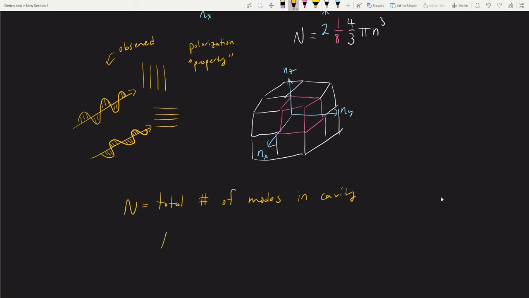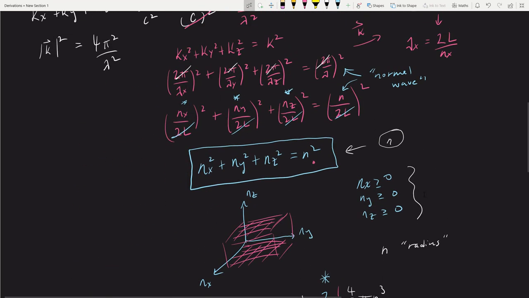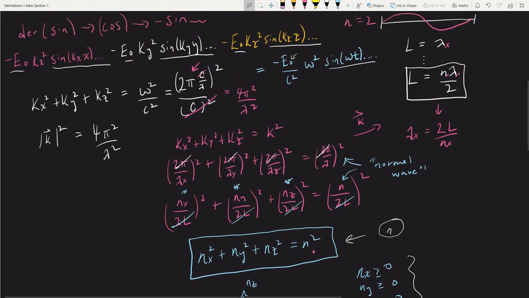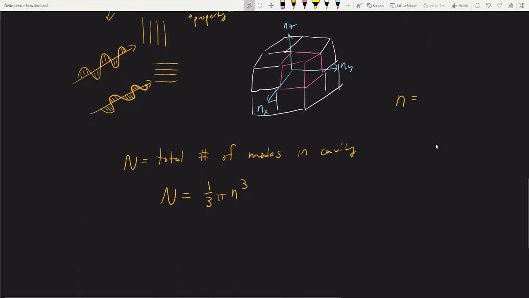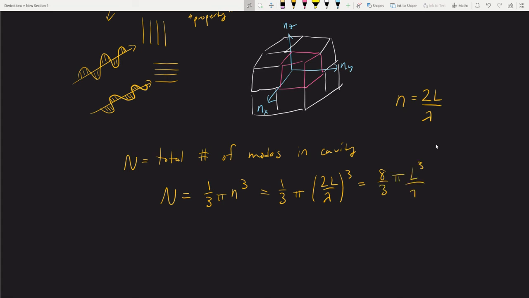So, just to rewrite it, the number we get is going to be 1/3 pi n cubed. And n, we've already defined as 2L over lambda. So we get 1/3 pi times 2L over lambda cubed, which is 8/3 pi L cubed over lambda cubed.